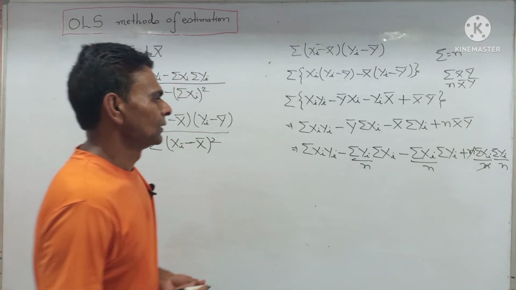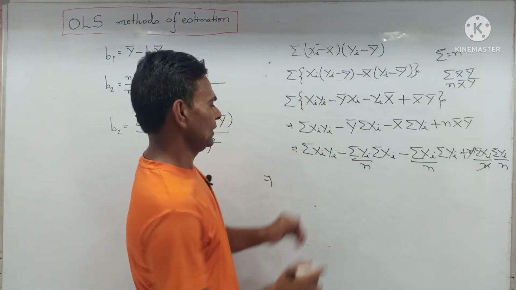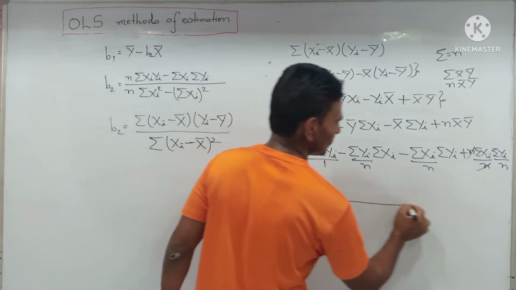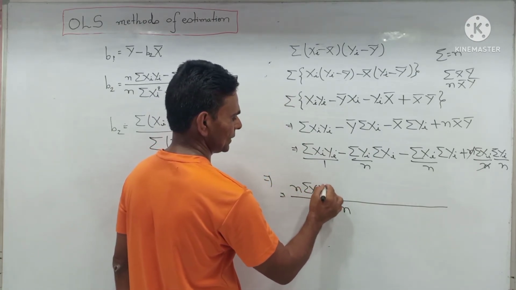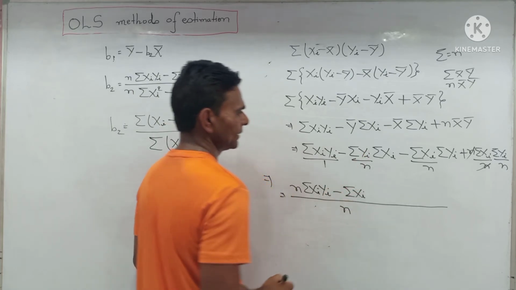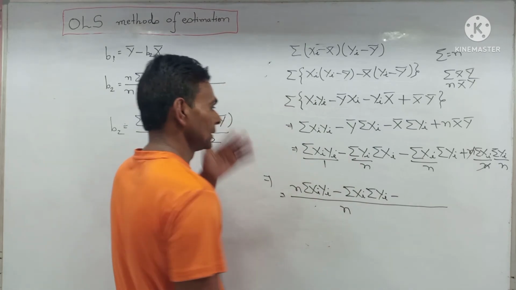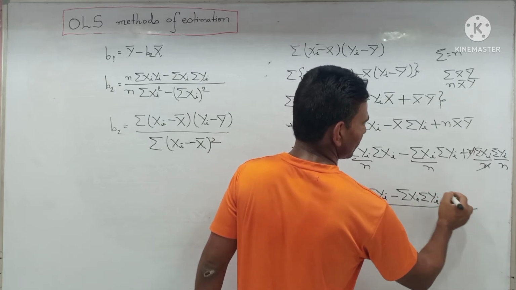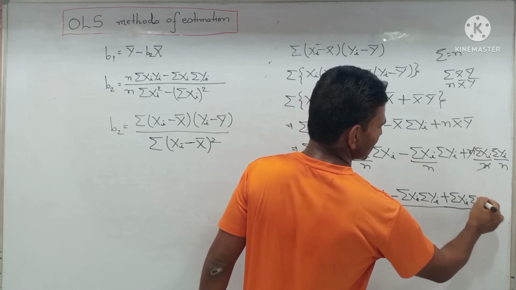One n cancels. Suppose first one n is left, and here we take the LCM in these four terms. n is coming as a numerator: n times summation of xi yi minus, rearranging this term, first I am writing summation of xi and second summation of yi, and once again summation of xi times summation of yi, and here plus summation of xi times summation of yi.